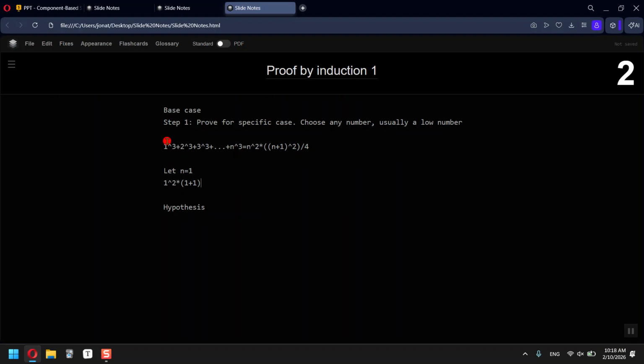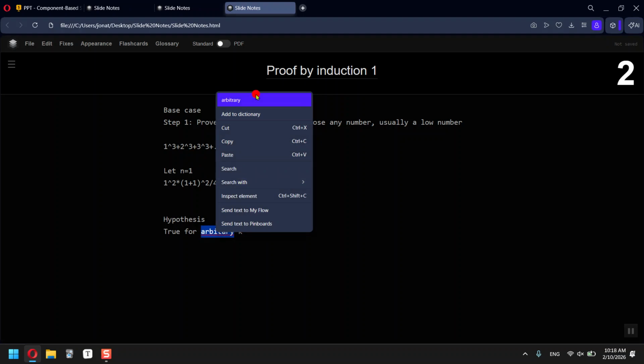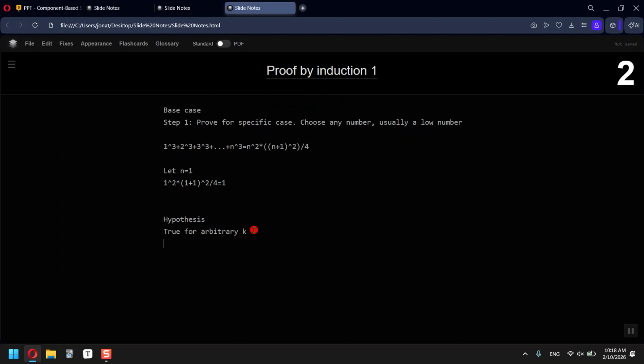So the next step is that we have a hypothesis that it is true for an arbitrary number k. And so what we want to prove next is that it is true for k plus 1.